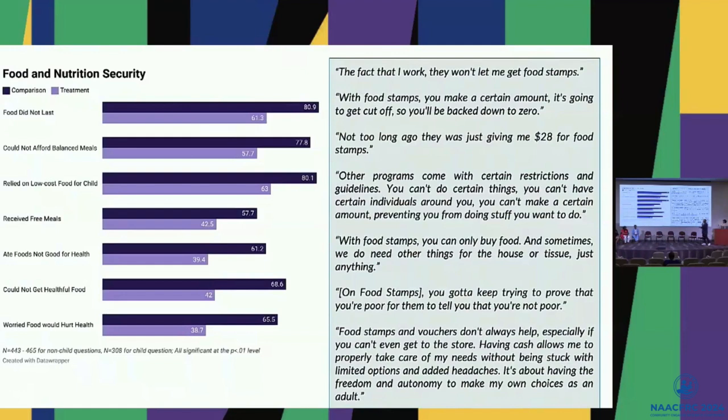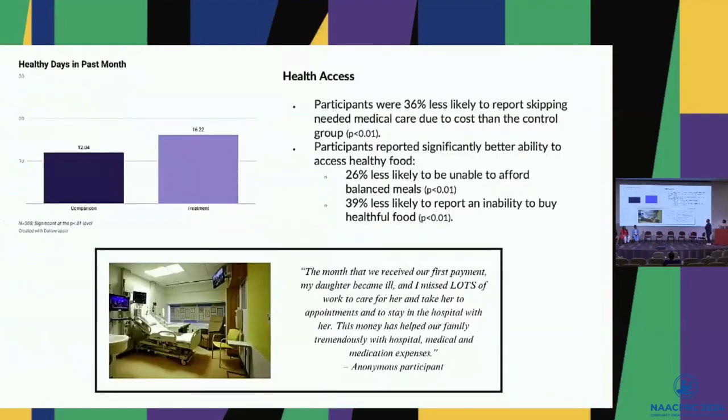We saw women say, "I was able to go to the grocery store and get the healthy food, the produce that I usually did not have access to or could not afford." So in regards to food security and increasing nutrition, we saw that positive, and food insecurity no longer being a barrier for women in the program.